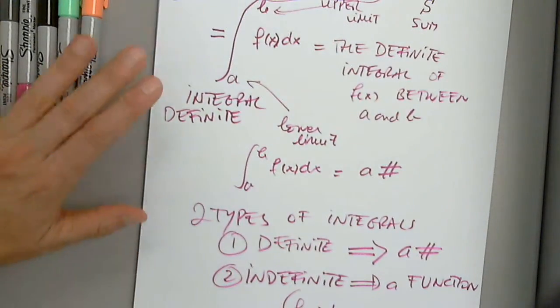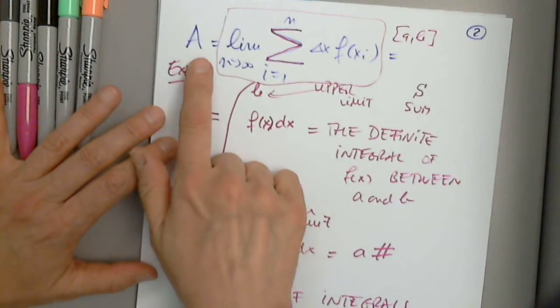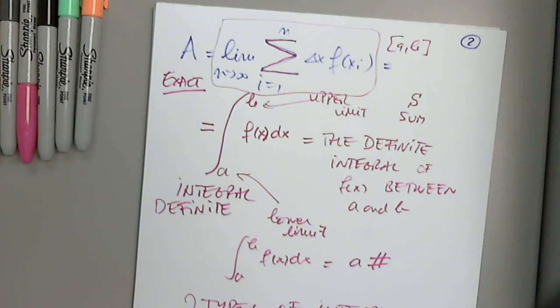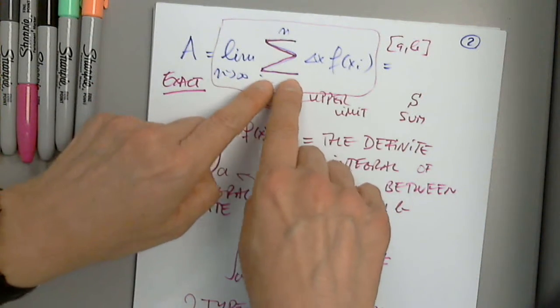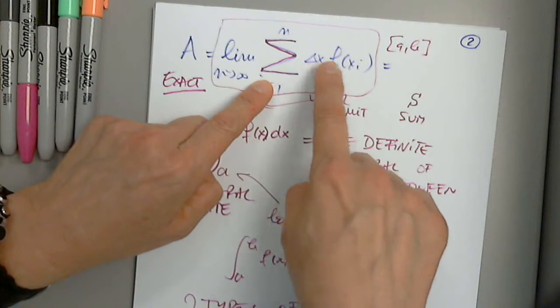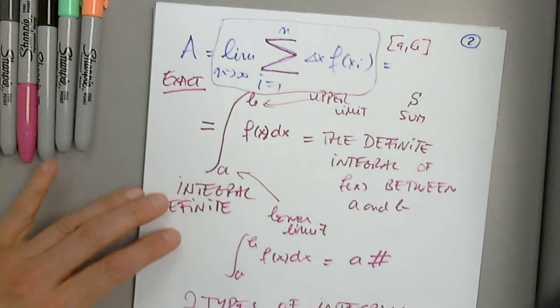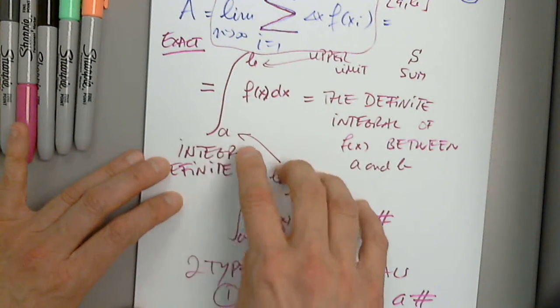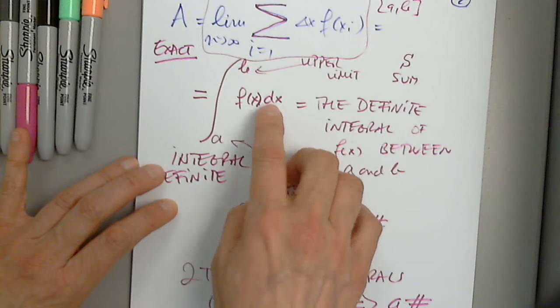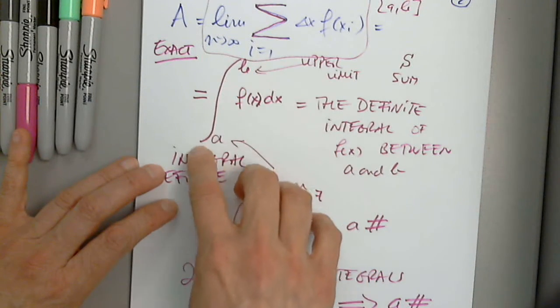So one more time, let's summarize. The area under the graph of a function between a and b can be determined in two ways. With the limit of the sum of base times height plus base times height plus base times height, the area, or the definite integral from a to b, still base times height plus base times height plus base times height, but we use this symbol.